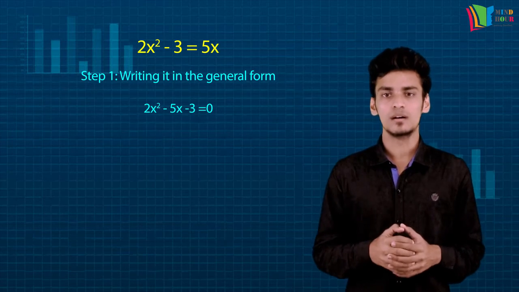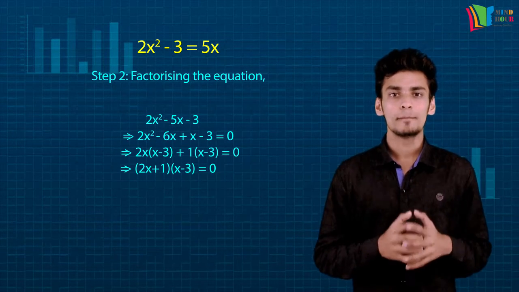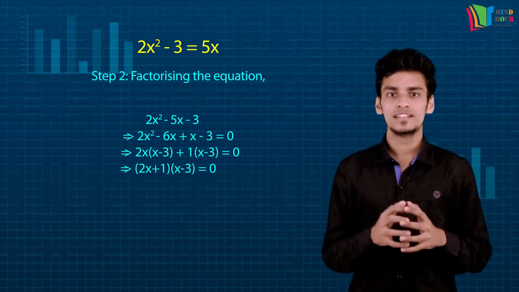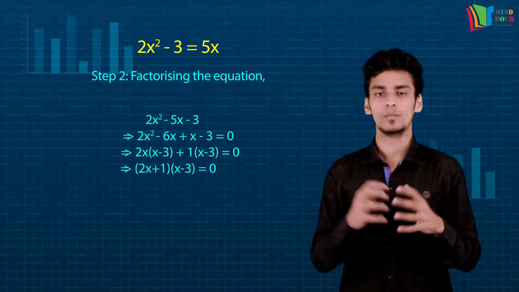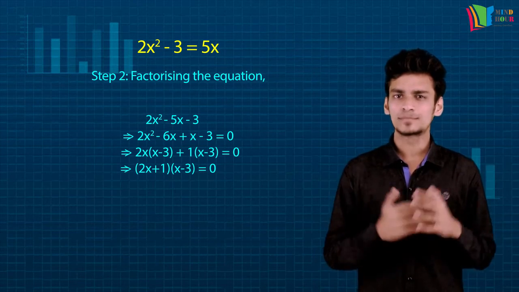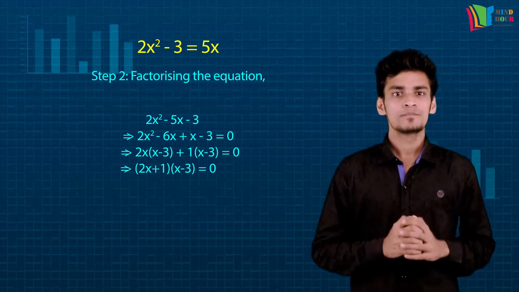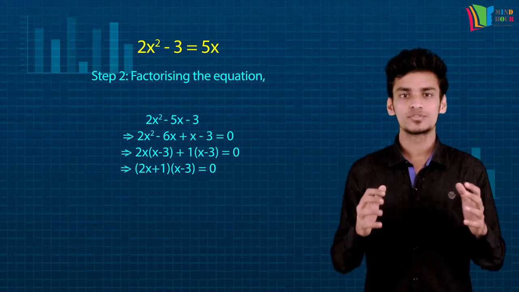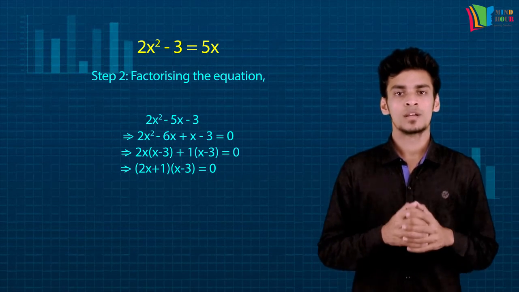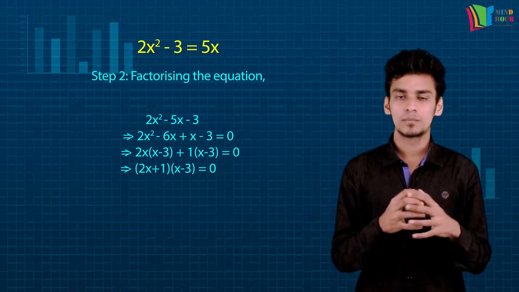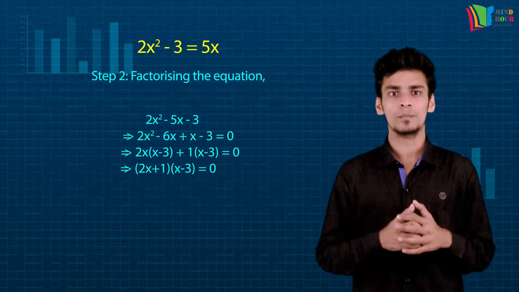On splitting the middle term, we get 2x² - 5x - 3 = 2x² - 6x + x - 3 = 0. Now taking the common factors out, we get 2x(x - 3) + 1(x - 3) = 0. We would get (2x + 1)(x - 3) = 0.